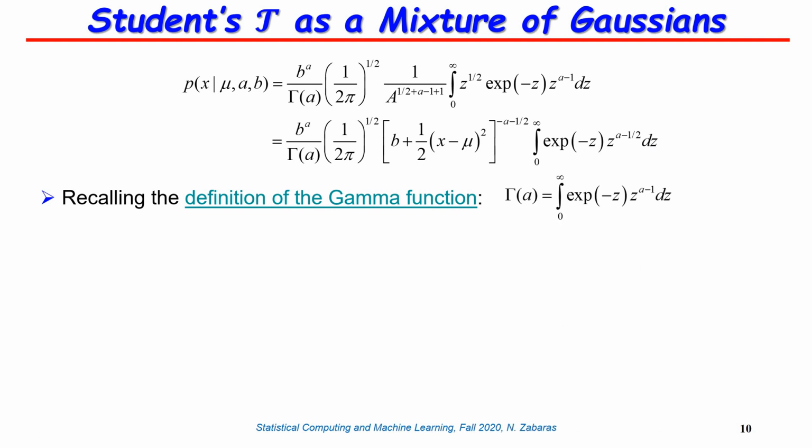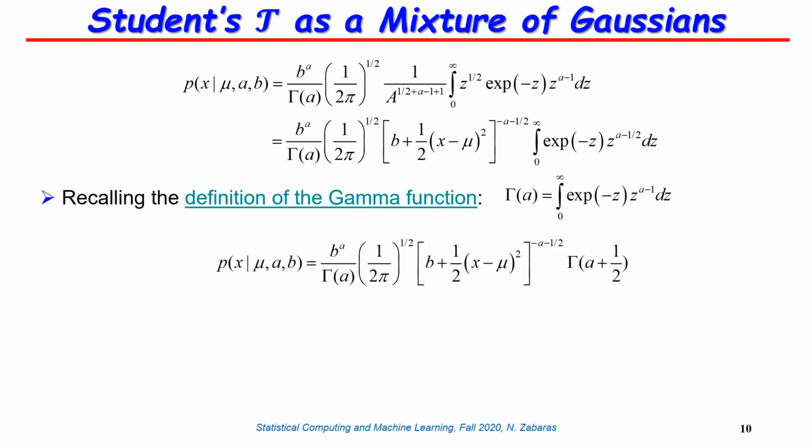So I remind you the gamma function looks like this. So immediately you can see that this corresponds to a gamma function. So if this is gamma of alpha, this integral has to be gamma of alpha plus 1/2. If I put all of this together, I get the distribution that looks like this.